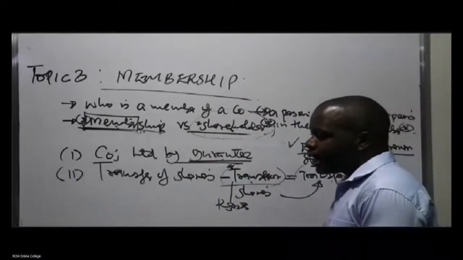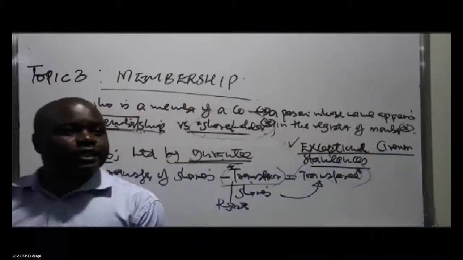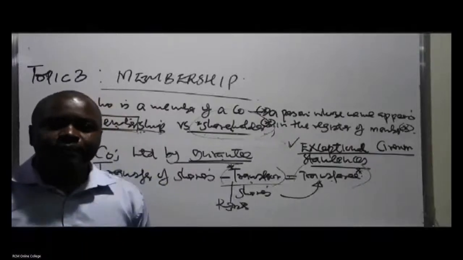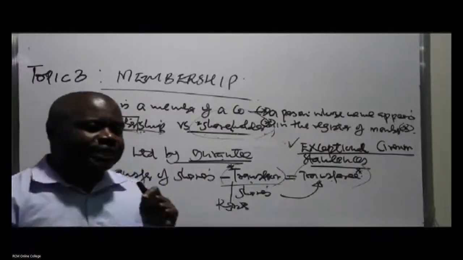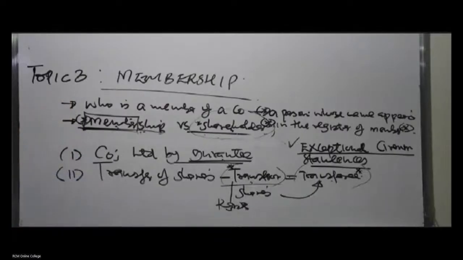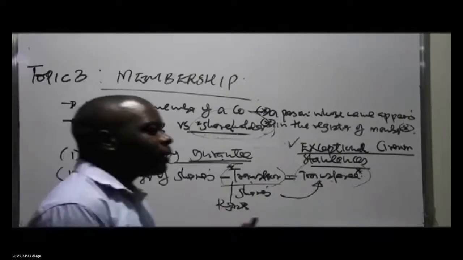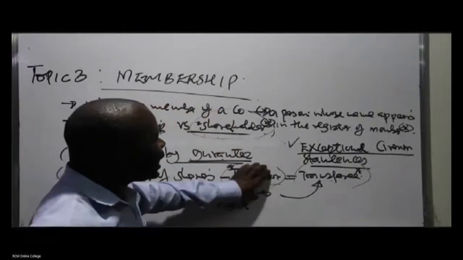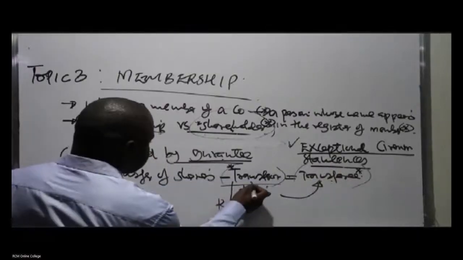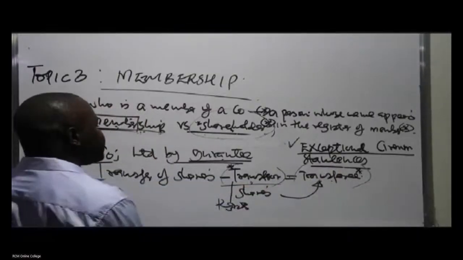And on the other hand, the transferee is already a shareholder, but he's not a member because his name is yet to be included until the board approves the transfer. That is when they'll effect the transfer and make changes to the register of members by removing the name of the transferor and including the name of the transferee. So in this situation, the transferor is just a member because his name is still appearing.